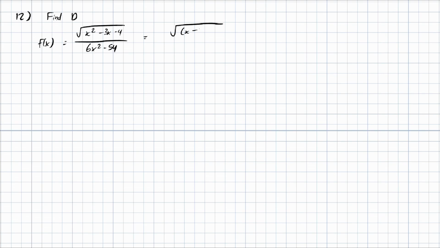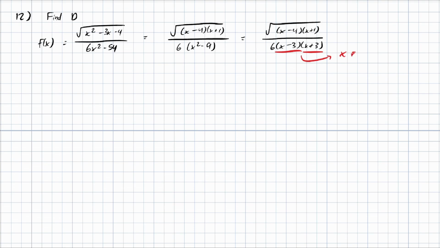Yeah, x minus 4, x plus 1 over 6 times x squared minus 9. So this goes even further, where x minus 4, x plus 1, and you have 6 times x minus 3, x plus 3. Now, obviously, our restrictions here, you get x cannot be equal to negative 3 or 3. Now, this thing, I'm going to mark this with a 1.